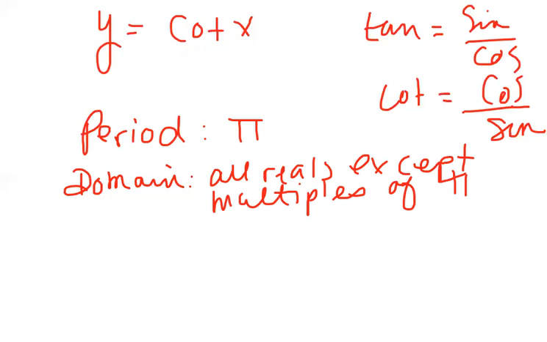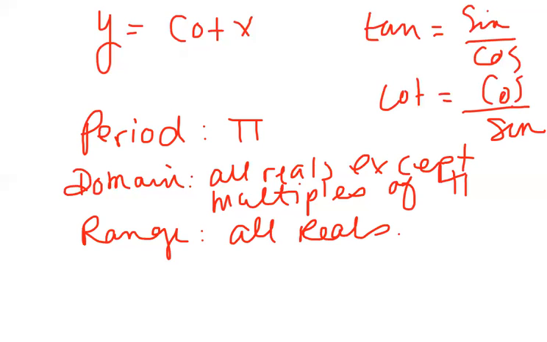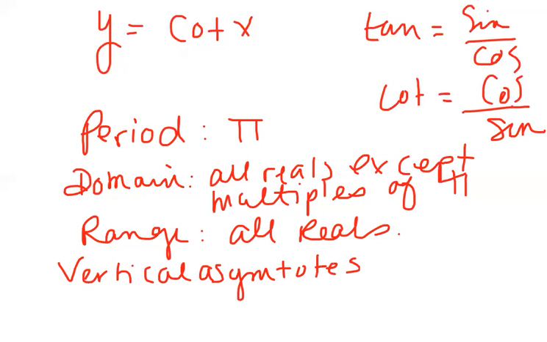So let me go ahead and finish up this part right here. The range, just like with the tangent, is all reals, so there are no restrictions in the range. And then last but not least, guys, the vertical asymptotes. Just like we did with the tangent, these are imaginary lines which the function approaches but will never get to.